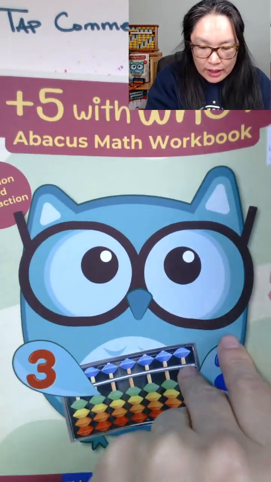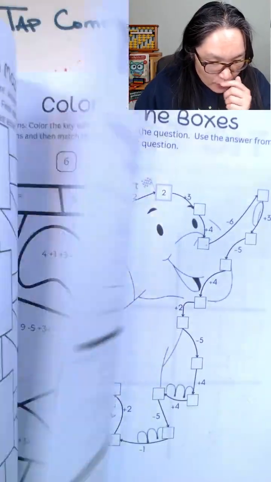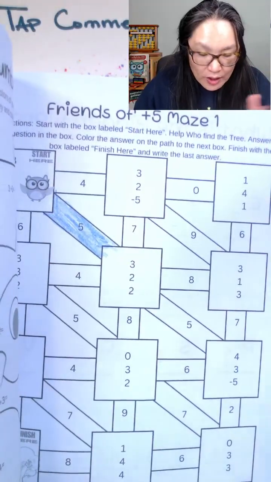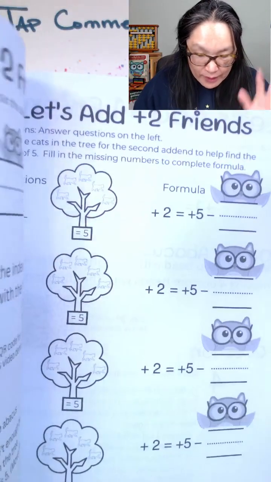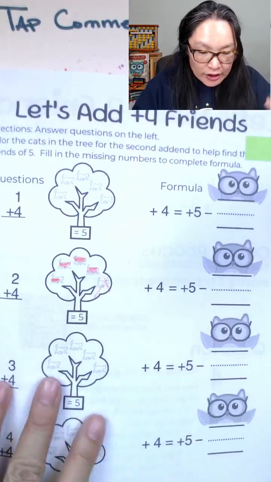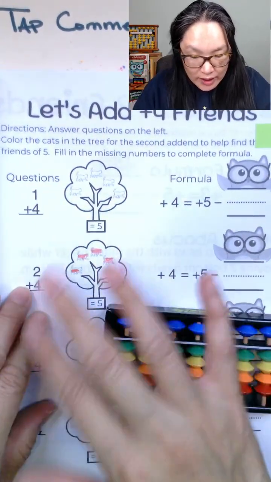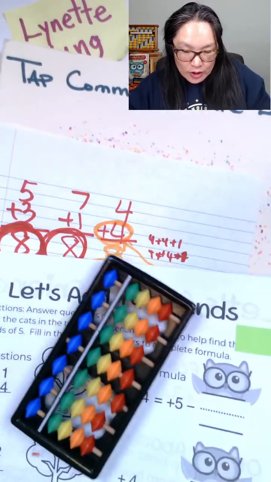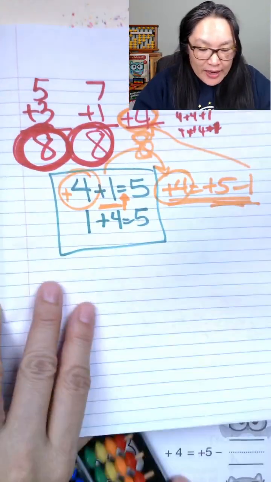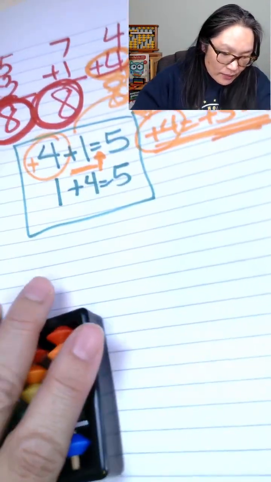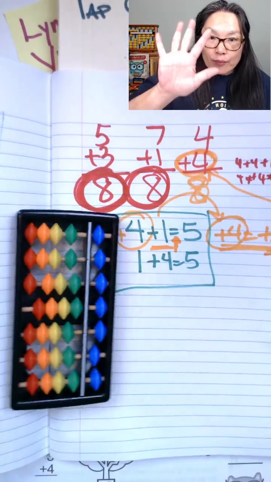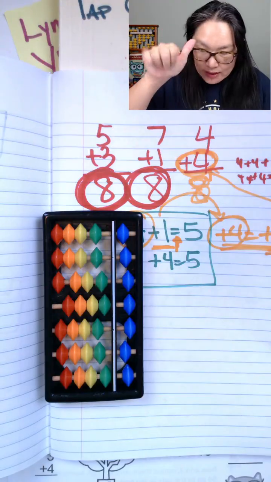So here's what I'm talking about. Now, as a child, I'm not going to say isolate the variable, right? But because I'm talking to adults, and to understand what we're trying to do, I wanted to talk about isolating the variable. So when we go to school, we teach the children how to make a 5. One of the ways to make the 5 is 4 and 1 is equal to 5.